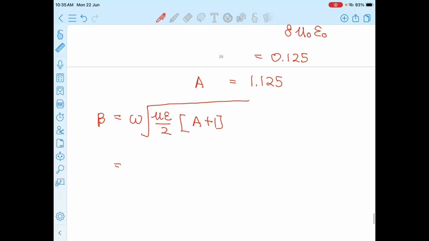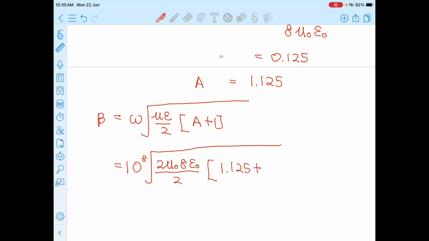So this is 10 power 8, and this is 2 mu naught epsilon naught divided by 2, and replace the A here, plus 1.